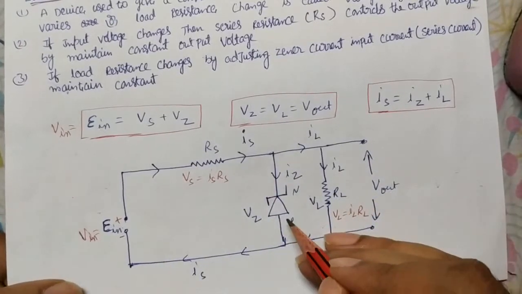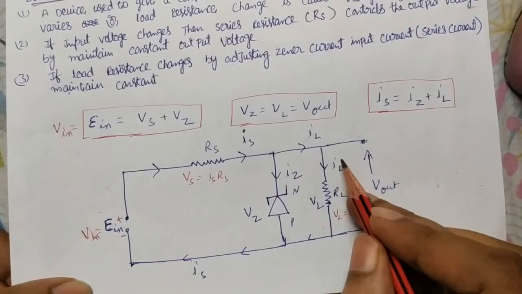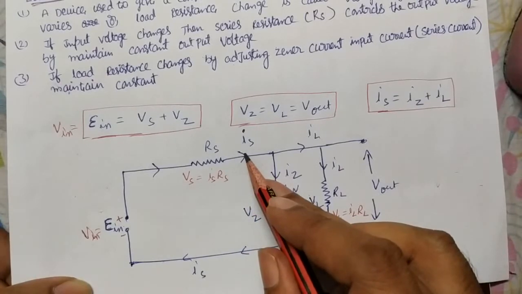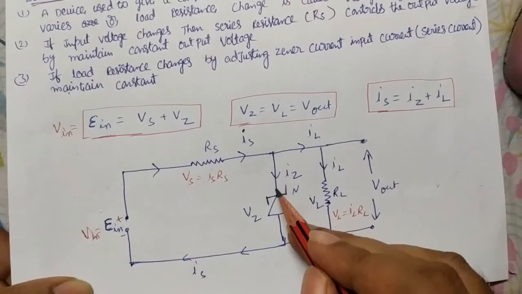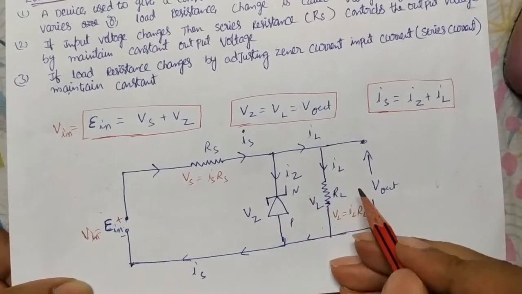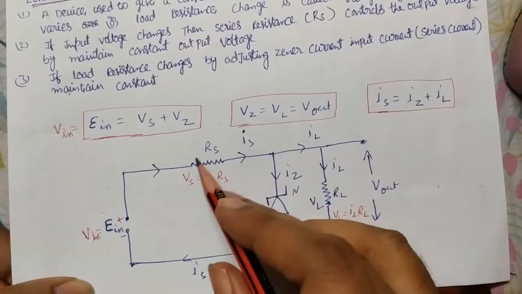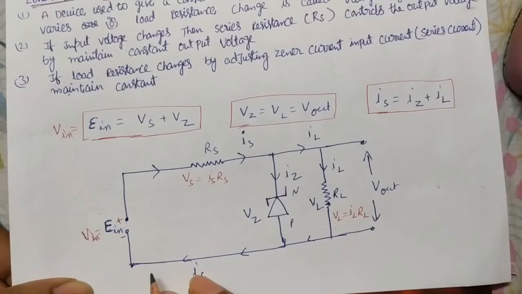But here, the Zener diode shares its current with the load resistance without altering the series current. IS is constant. Keeping IS constant, it shares its current with the load resistance. Then the series current is constant, the potential across the series resistance is constant, so the input is also not affected.